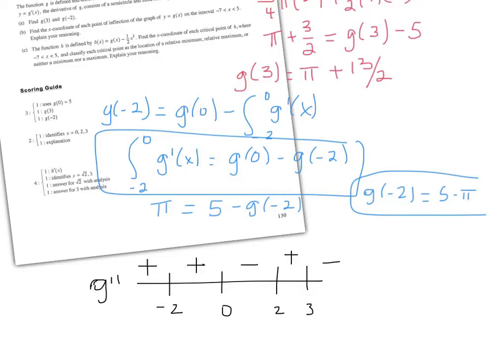So points of inflection only occur when your second derivative changes from positive to negative, or negative to positive. So it has to actually change in sign. Okay, so it's going to occur at 0, at 2, and at 3.